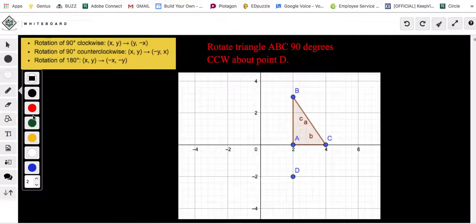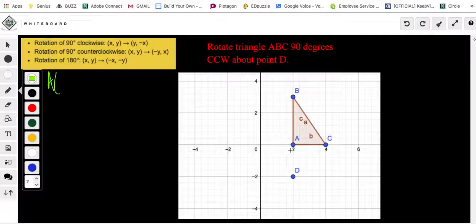In order to do that, I'm going to write it over here for you. Okay, so first we need to write our points down before we do anything. So point A, I'm going to go ahead and write it over here. If we look over here, we can just figure out the point.